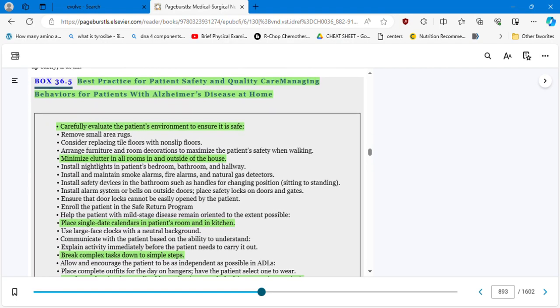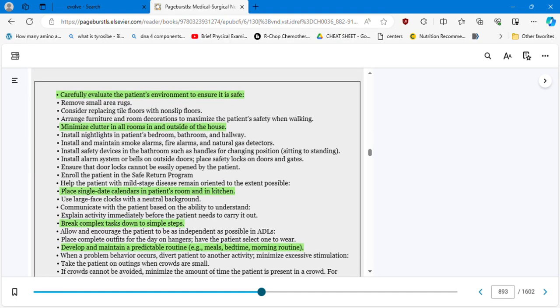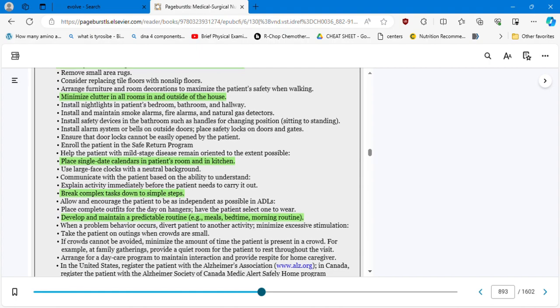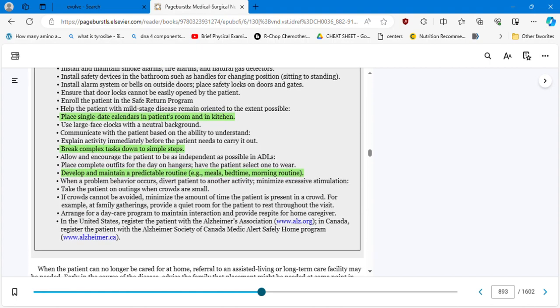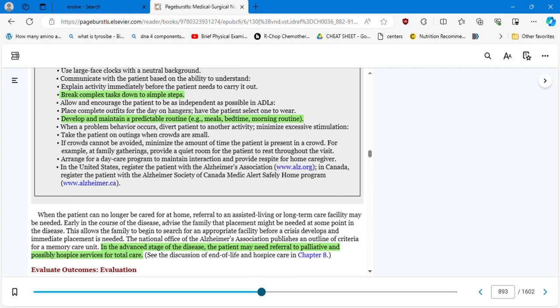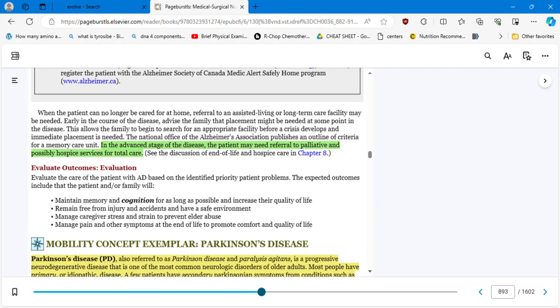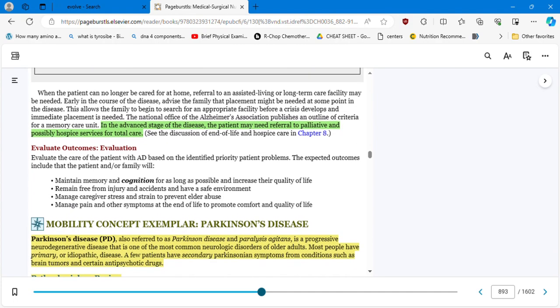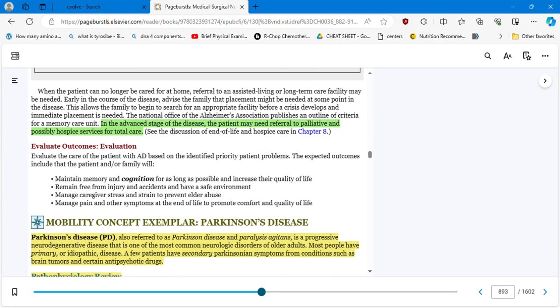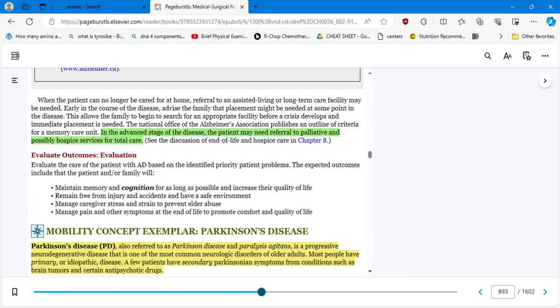Behaviors for patients with Alzheimer's disease at home. Review all these suggestions and facts that I'm pretty sure we already talked about through the entire chapter. And remember, in the advanced stage of the disease, the patient may need referral to palliative and possible hospice services for total care. Yes, I know.